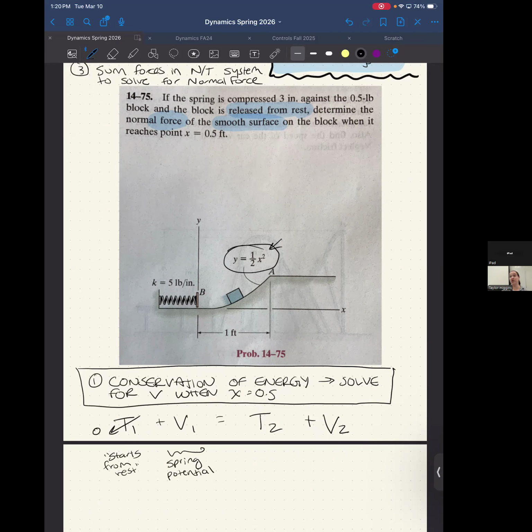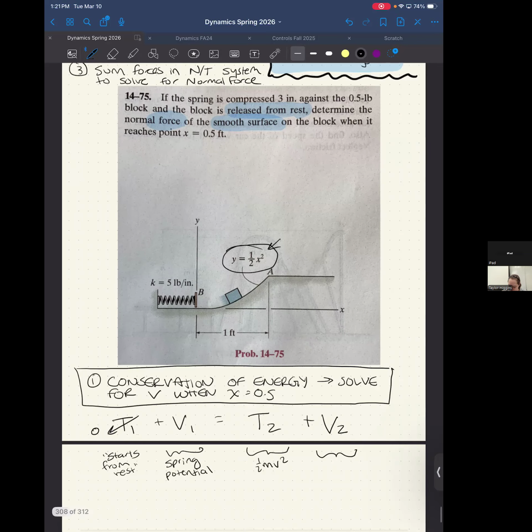Yeah, we said there's probably still some velocity as it goes up this slope, right? So, yes, 1/2 mv squared. Is there any potential energy at point 2? Just gravity, right? Just gravitational. Okay. This is a really good intermediate step to put it into words first, and then go find all the equations that go with each of these sources.